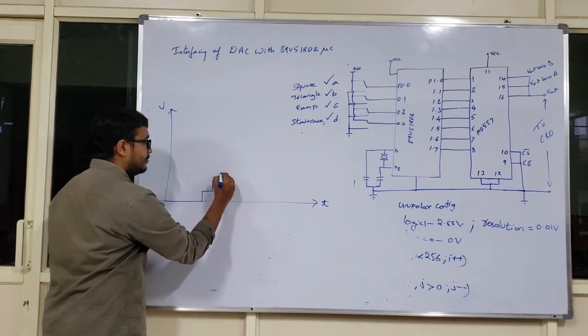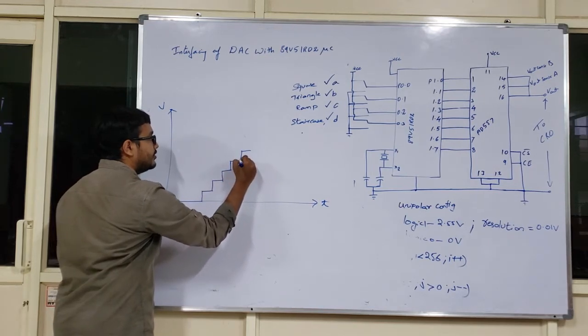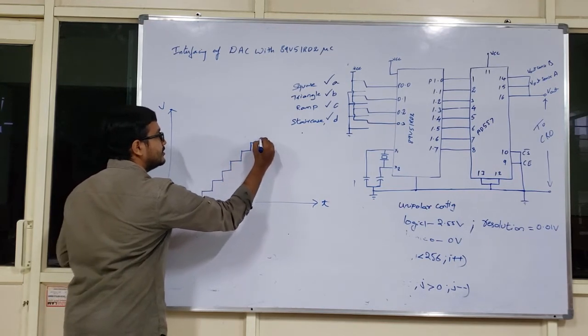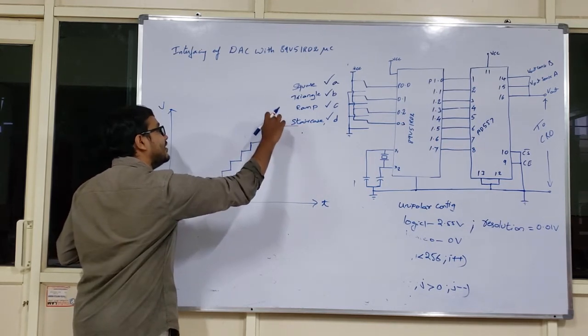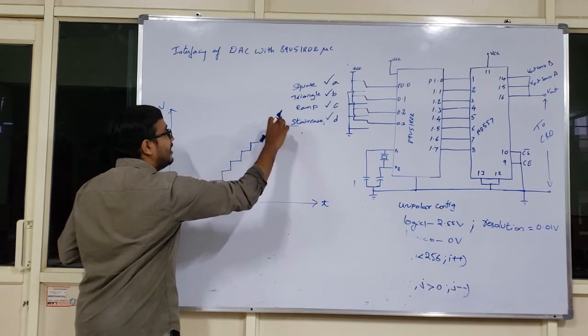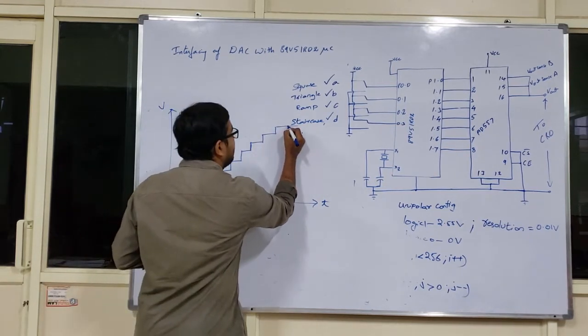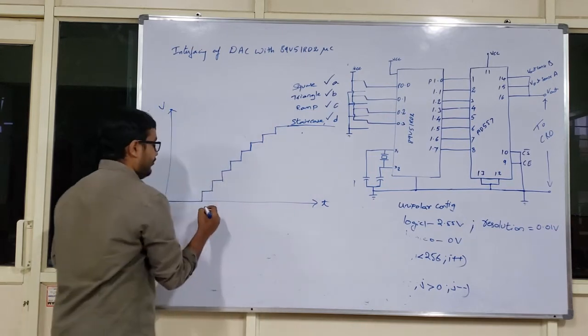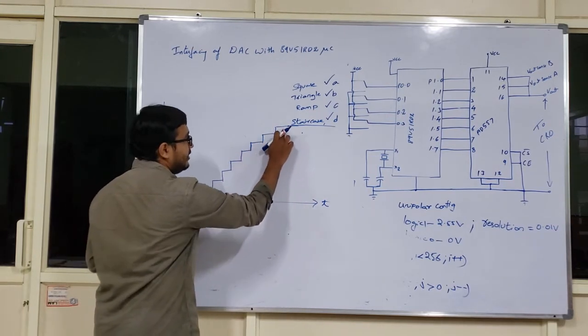Next, second step, third step, fourth step, fifth step, sixth step, seventh step, eighth step. After reaching the eighth step, I can say that I am on the first floor. This is the first floor.